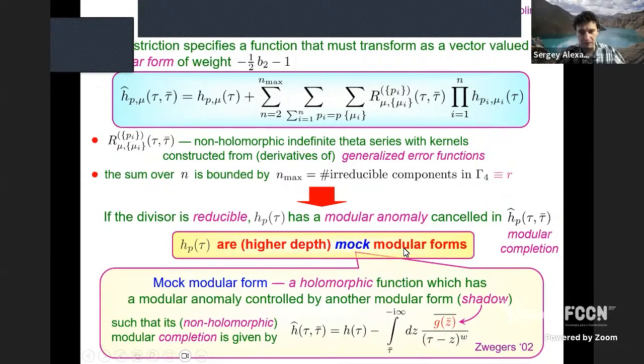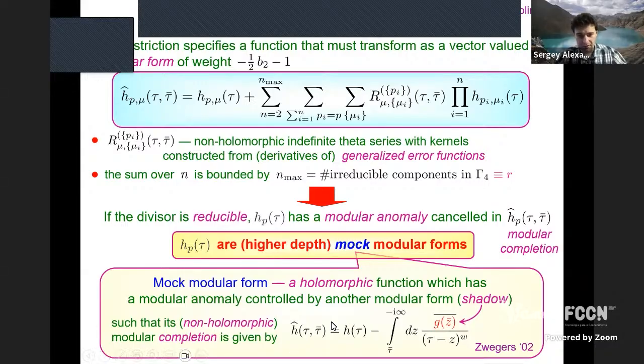Well, as you probably all know, mock modular forms were introduced by Ramanujan, but the general theory was developed just in 2002 by Sander Zwegers, and according to this modern understanding, a mock modular form is a holomorphic function which has a modular anomaly, but this modular anomaly is fixed by another modular term, which is called the shadow, and has such a form that this particular combination turns out to transform as a true modular form. And again, it's called the non-holomorphic completion. So either you have a holomorphic function, but which is not modular, or you have a non-holomorphic function which is modular.